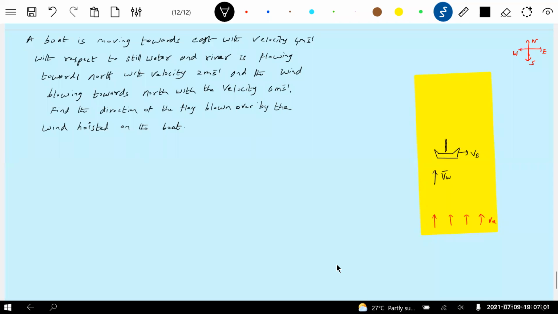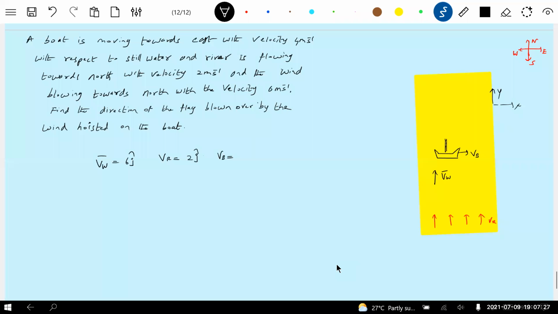So let's get into the mathematics. Velocity of wind is 6j cap. Here I'll bring unit vectors. Velocity of river is 2j cap. Velocity of boat, what is this? Is it giving the velocity of boat with respect to river or velocity of boat with respect to ground?